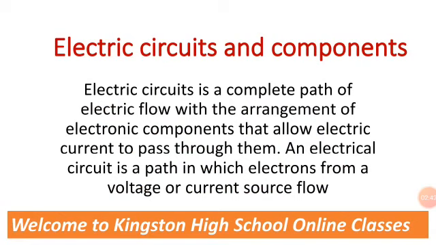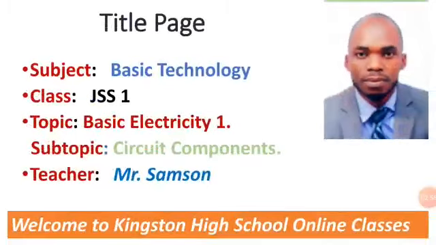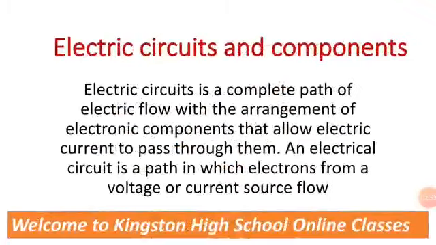In electric circuits, there are many components that enable electric current to move round about it. And today we are going to look at those components. We'll take them one by one and discuss them.